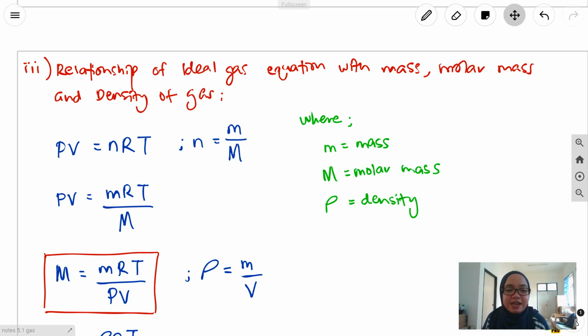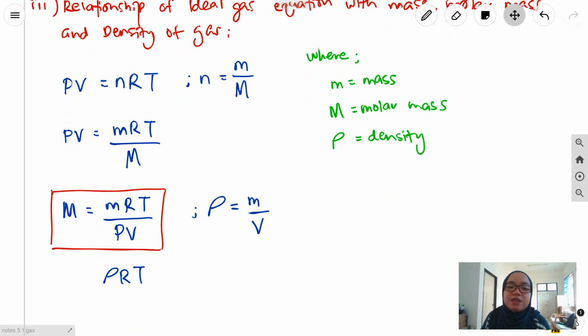When we substitute mass over molar mass for n, we get PV equals mass times RT over molar mass. When we rearrange to make molar mass the subject, we get molar mass equals mass times RT over PV.